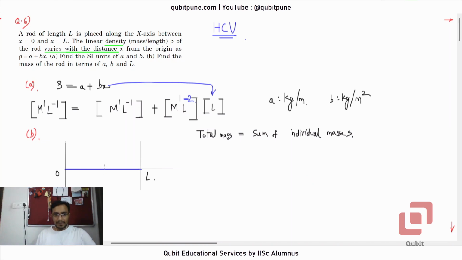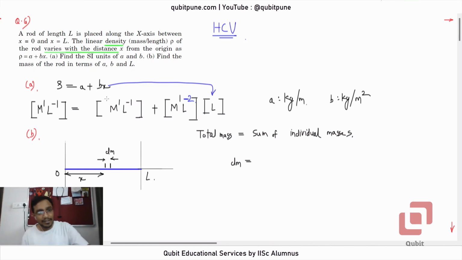So suppose I pick a small portion here, dm. What will be the mass of this particular small length? Now we can either pick the left limit or the right limit. Let's pick the left limit here. Let this be at a distance of x units from the origin. Now if it is at a distance of x units from the origin, can we find its mass?